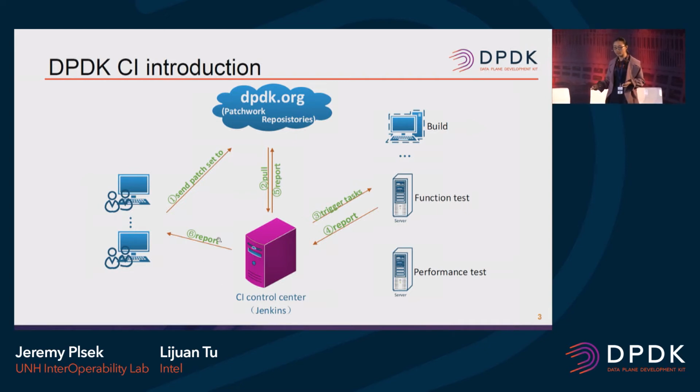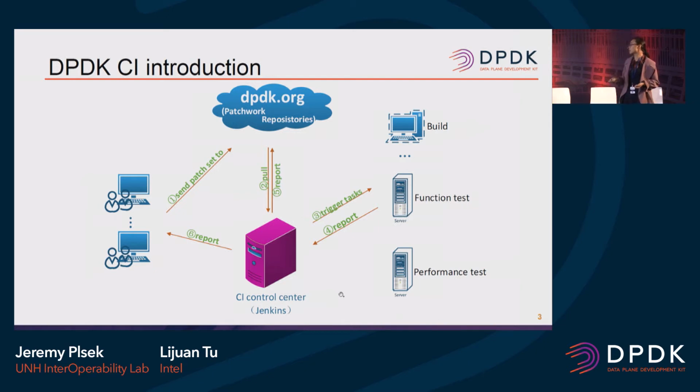The Jenkins server is the control center, where we schedule the tasks and dispatch them to different test beds. In the test beds, we have the virtual test beds for the build test and the physical machines for the function test, unit test, and the performance test.